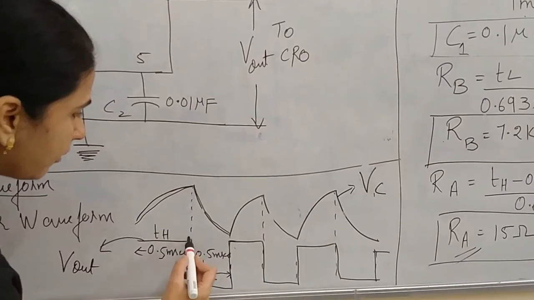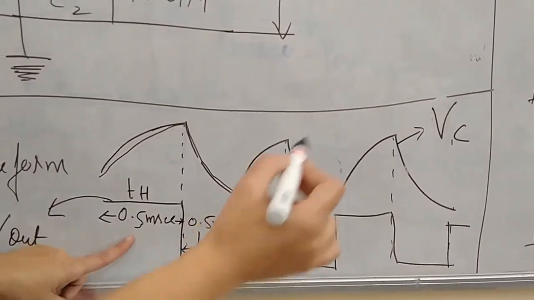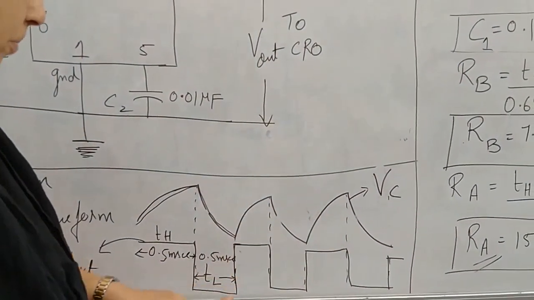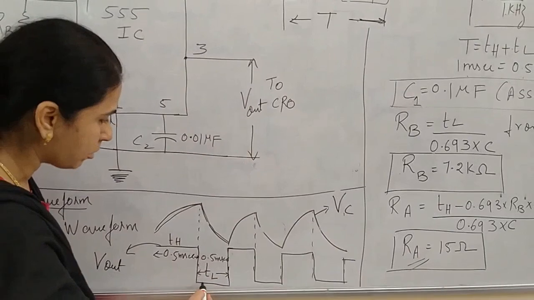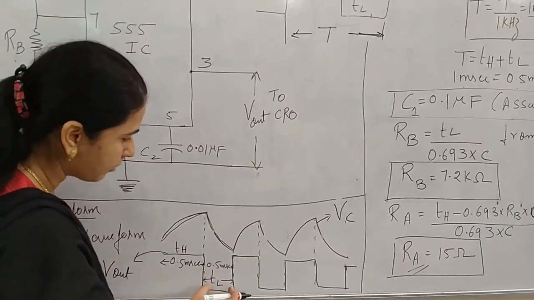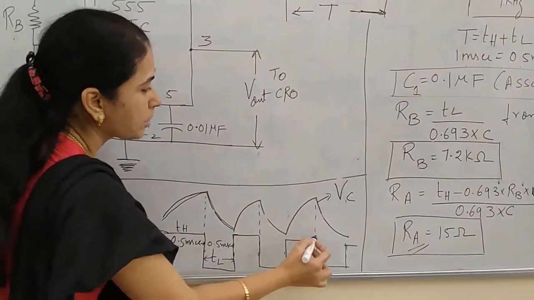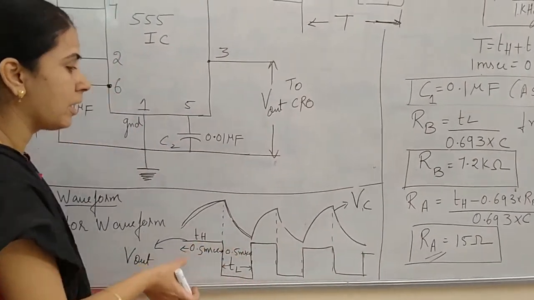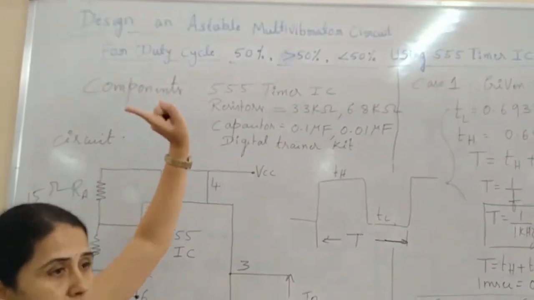You can see we do not use any triggering pulse. Without triggering pulse, TH is 0.5 millisecond, TL is 0.5 millisecond. After 0.5 millisecond, it makes a transition to low. It stays there for another 0.5 millisecond and makes a transition to high. This keeps continuing. This type of waveform is called sustained oscillation, which will be produced by an astable multivibrator.